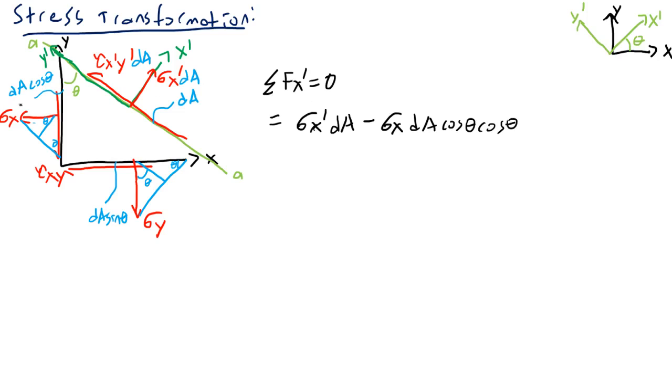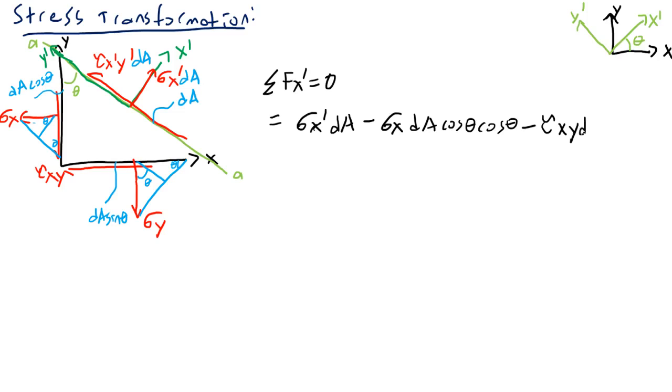One of the cosine thetas comes from turning the stress into a force. The other comes from getting the component of it along the x prime axis. And same idea for the two tau xy's. All we're doing is taking the components and working through the trig.